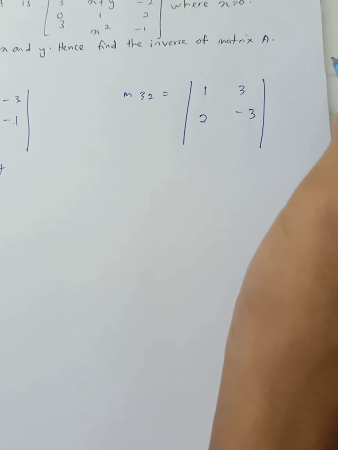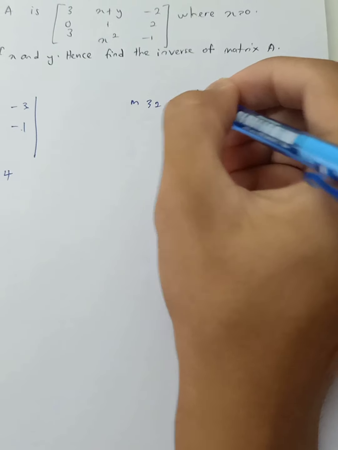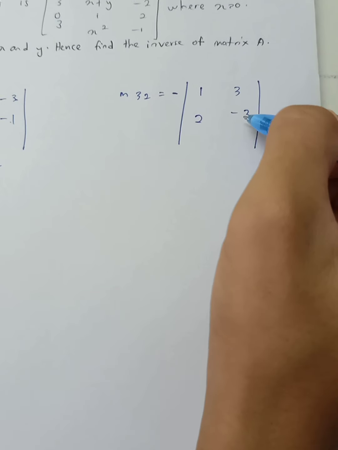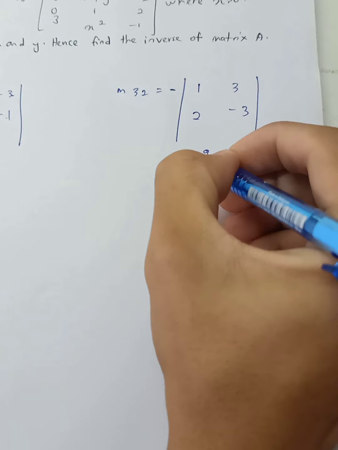In the cofactor, M32 is also negative. So using the same formula, AD minus BC, we get 9.